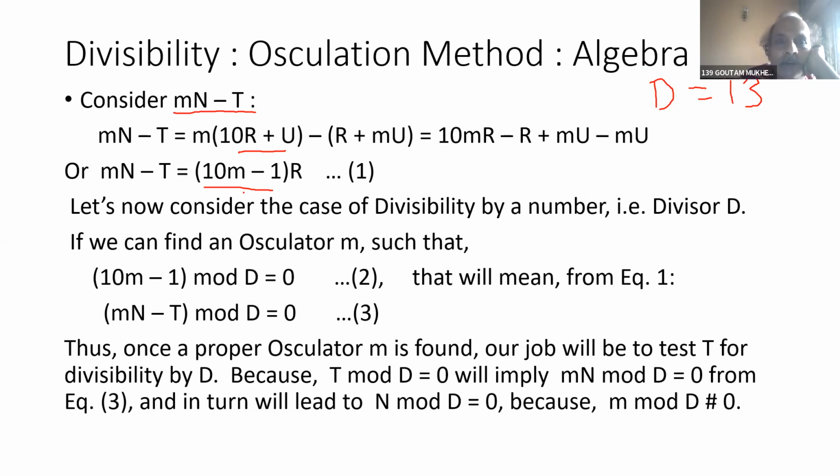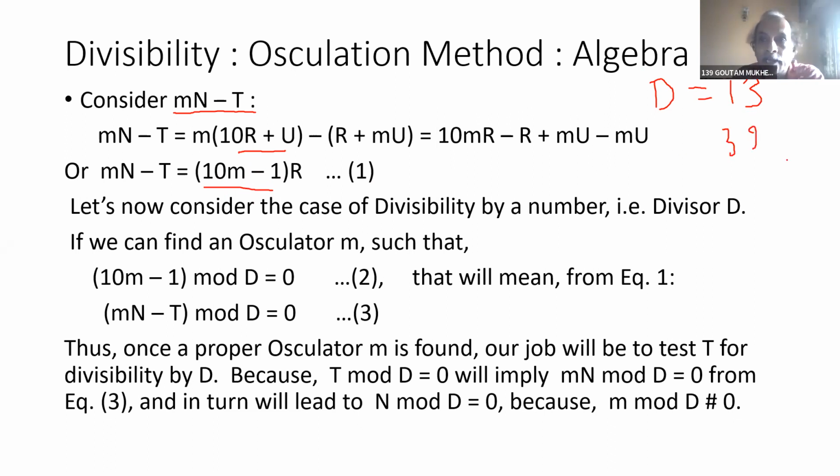So 10m minus 1 is something ending in 9, isn't it? This is of the form we got earlier: 19, 29, 39, 49, and so on. Now, what is the multiple of 13 which ends in 9? It is obviously 39, because it is ending in 3, so I multiply by 3, it becomes 39.